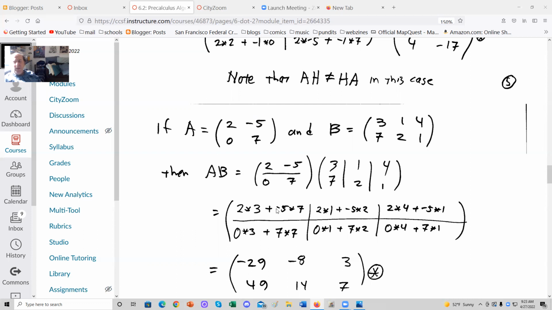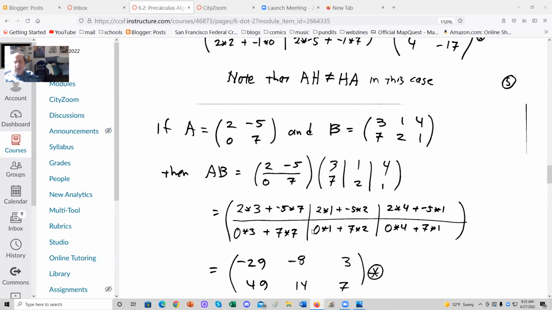Upper left is upper times left: 2 times 3 plus negative 5 times 7. Upper middle is upper times middle: 2 times 1 plus negative 5 times 2. Upper right is upper times right: 2 times 4 plus negative 5 times 1. And on the bottom, bottom left is bottom times left: 0 times 3 plus 7 times 7.